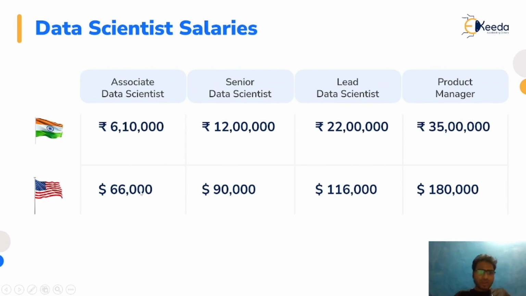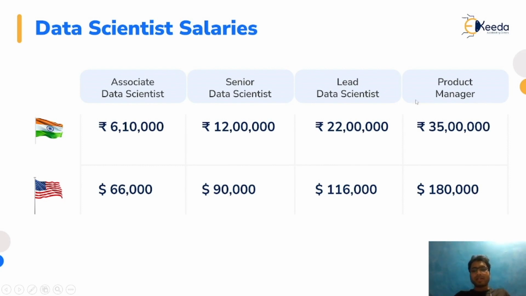In Indian rupees, that would be somewhere around 50 lakhs. For senior data scientists in India, the median package is around 12 lakh rupees, whereas in the US they can get around $90,000, which is approximately 70 lakh rupees.